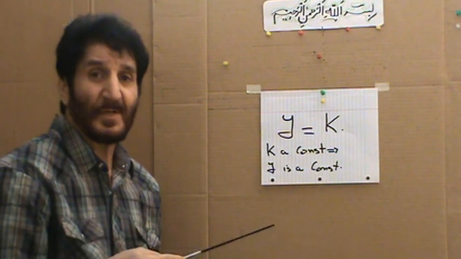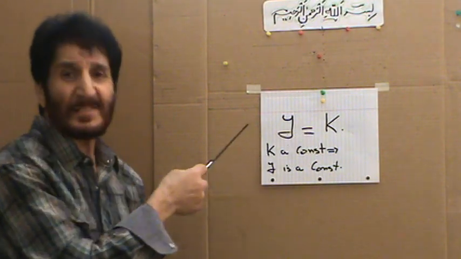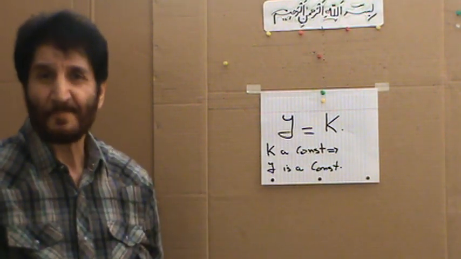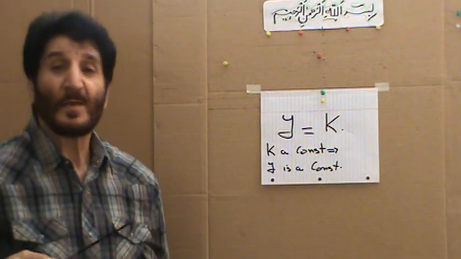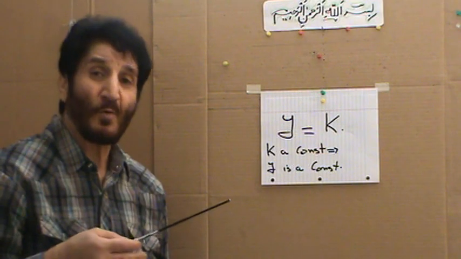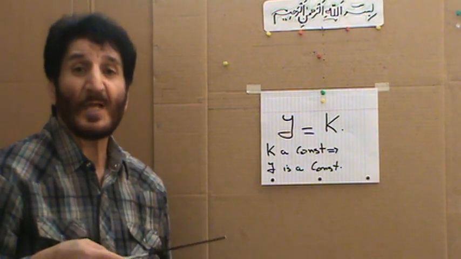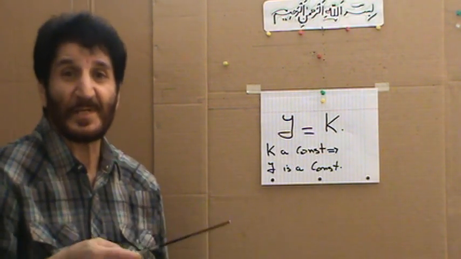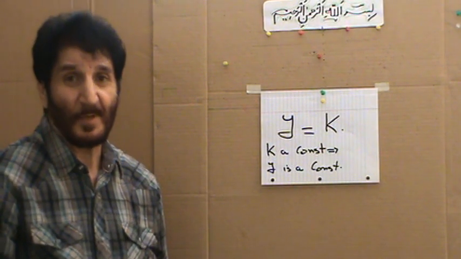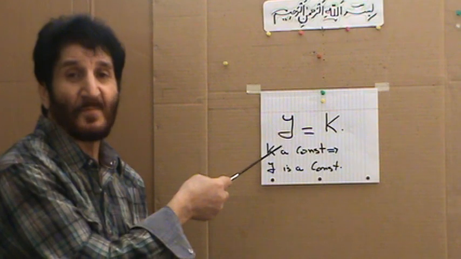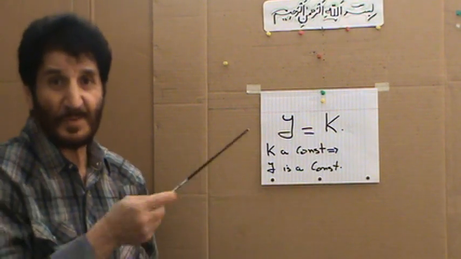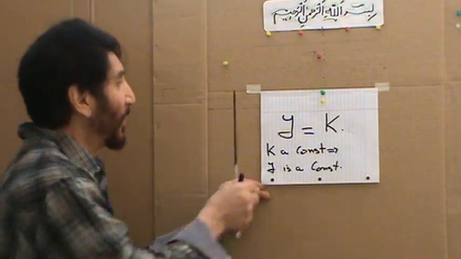So if k is constant, the equality indicates that y can also be constant. So y sometimes stands for a variable, and sometimes stands for a constant. With the context we can say which one we are talking about. So if k is a constant, it's natural to think that y will be constant. And we know the graph of that, I'm not going through that.